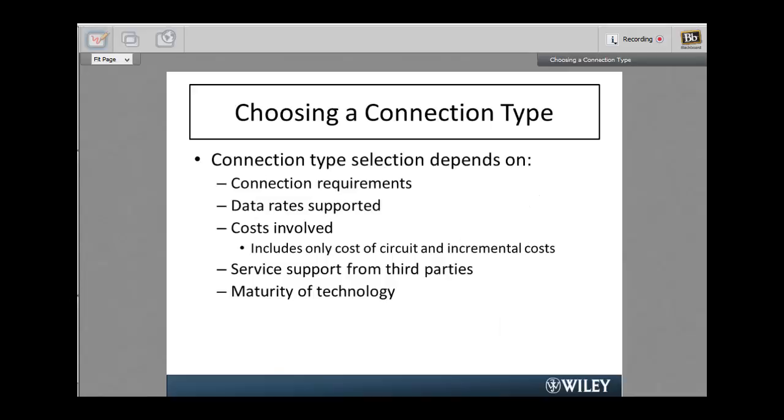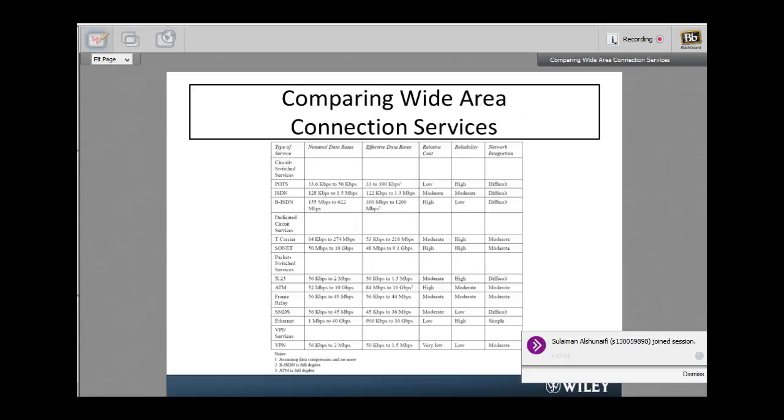So you have to choose the connection type. It depends on the connection requirement, data rate supported, and cost involved. Also the service support from third parties and the maturity of the technology. This figure compares the wide area connection services in general.